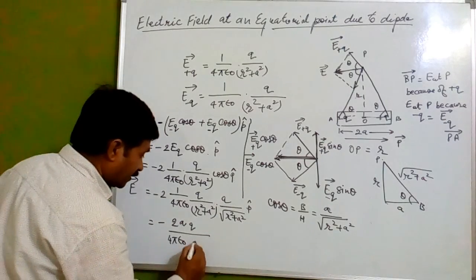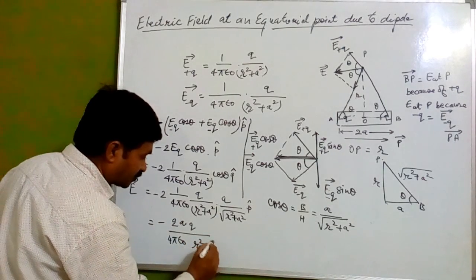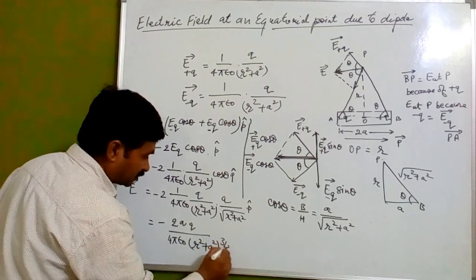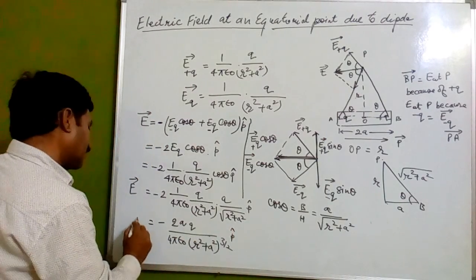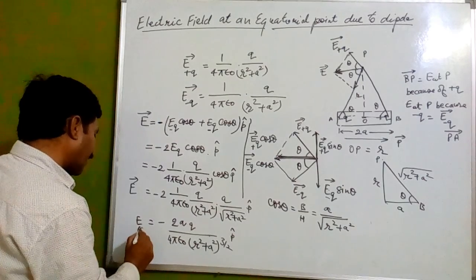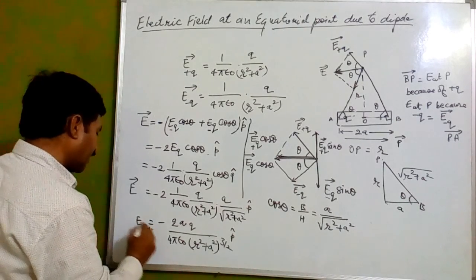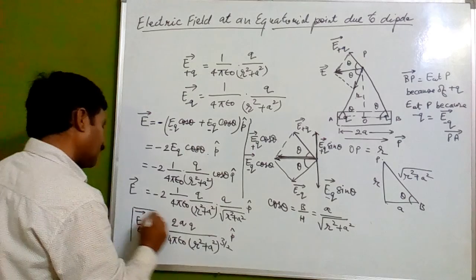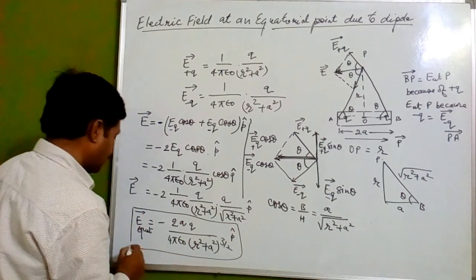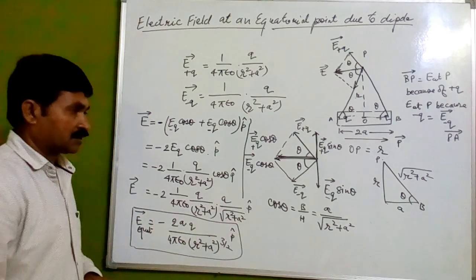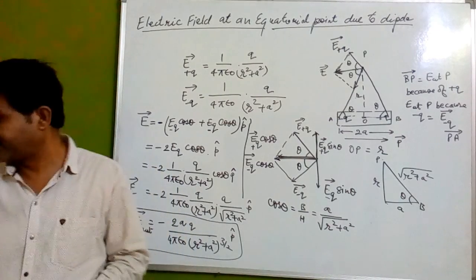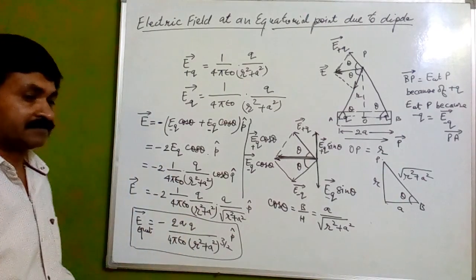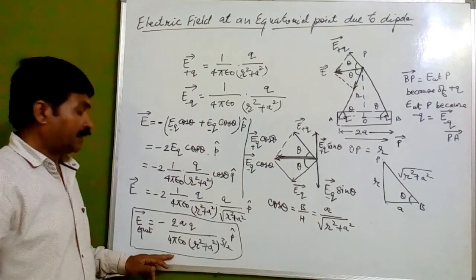The powers will be added, and we are going to have r square plus a square whole to the power 3 by 2, and p unit vector. So we are getting the electric field at the equatorial point, so I am putting equatorial here. Now we have got this result.